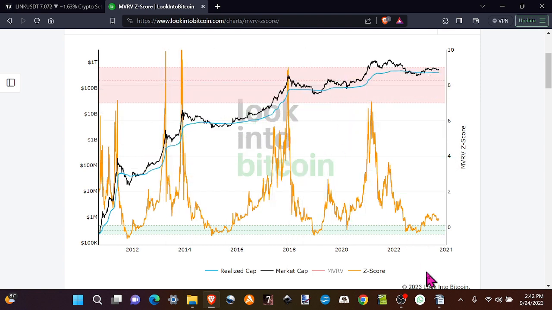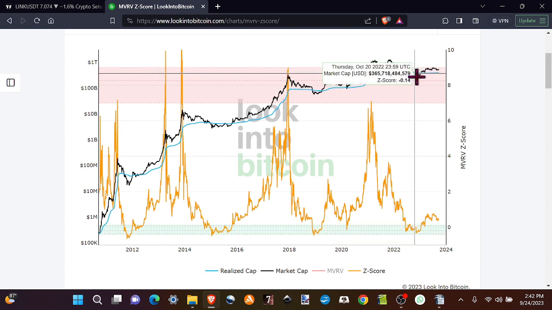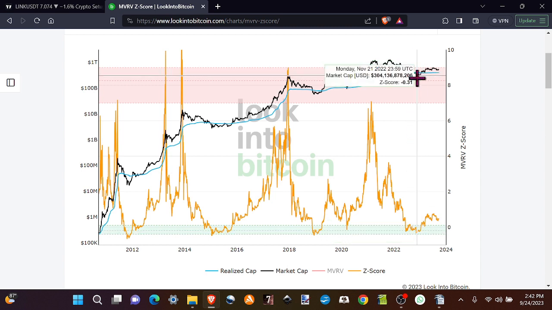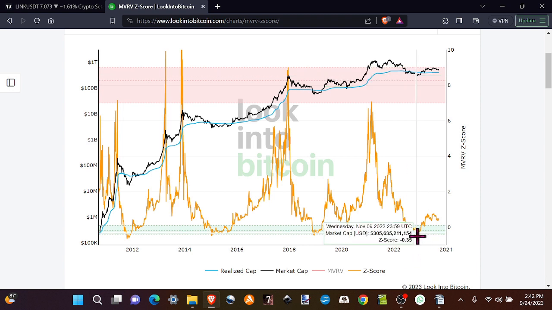And then again at the end of 2022, we had another bottom here, and this coincided with the market cap being the lowest of that time period. And then we can see that it's a long way before we become overbought and overvalued.